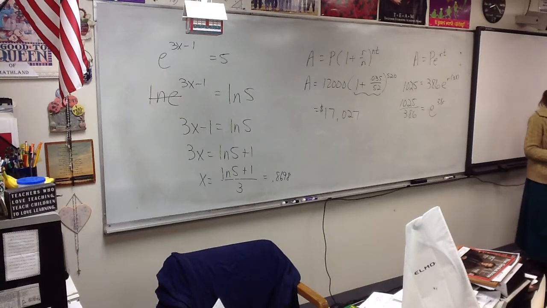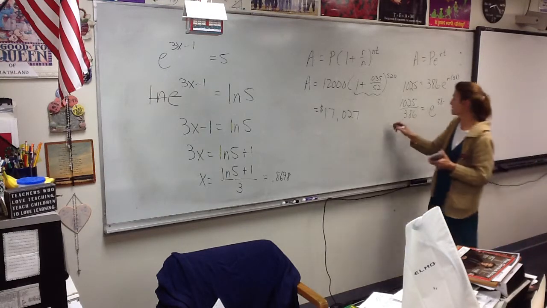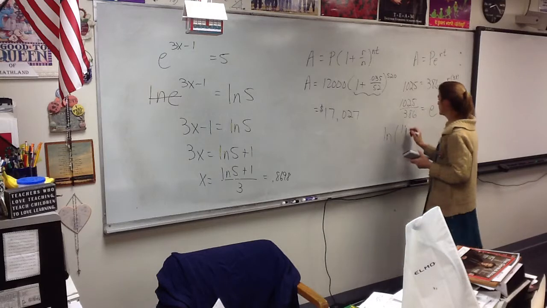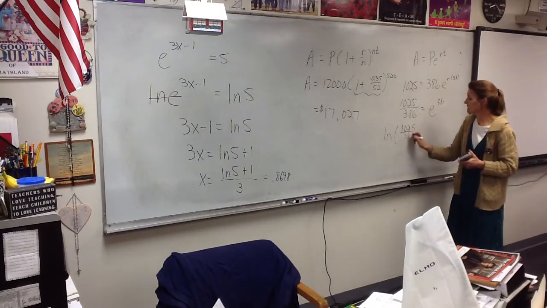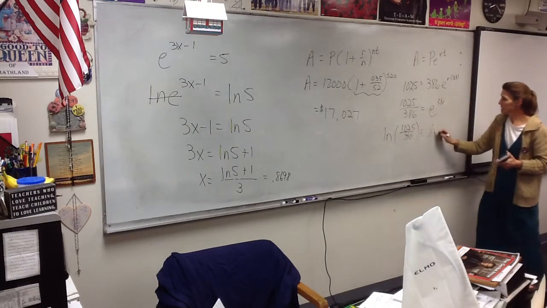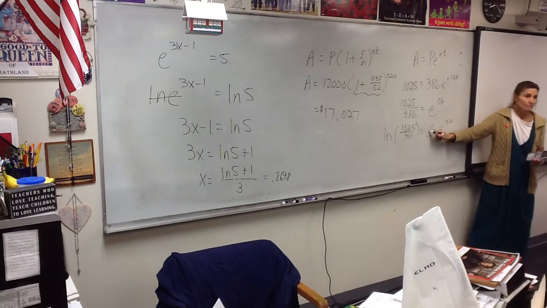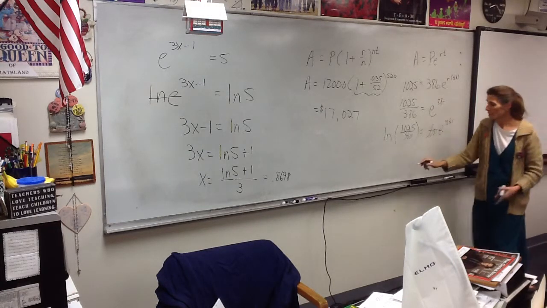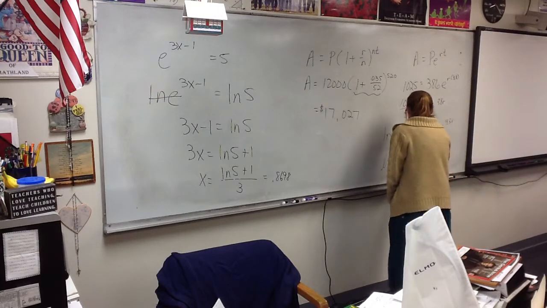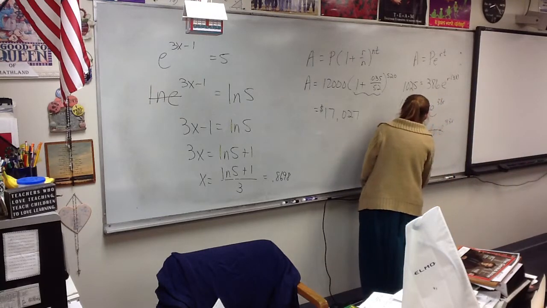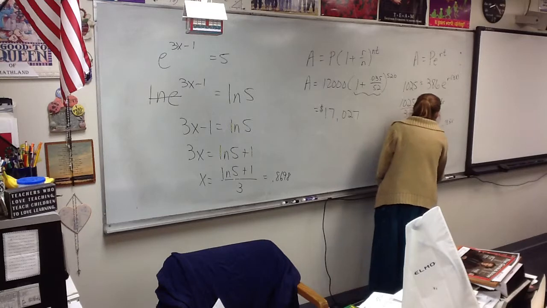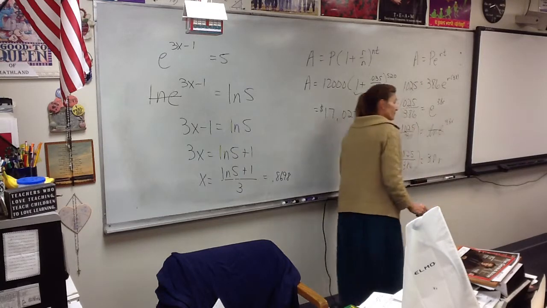I am not scared of this equation. All I need to do now is take the natural logarithm of both sides. So ln 1025 over 386 equals ln e to the 3.8r. Now what happens over here? They cancel. So I have ln, this big fraction, equal to 3.8r.